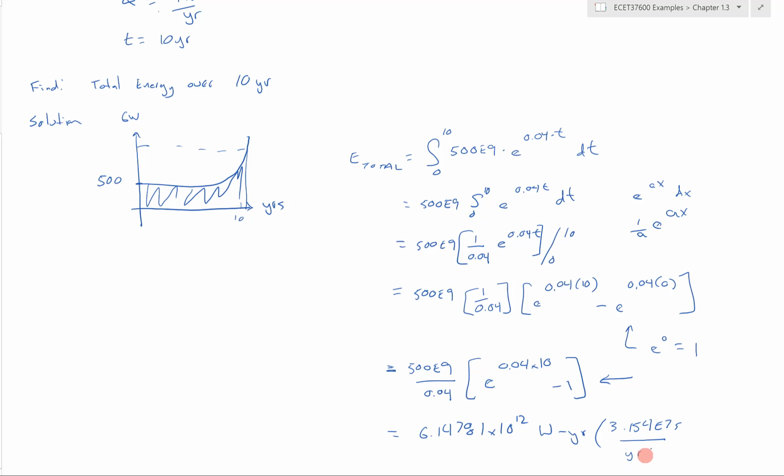Right, that's the number of seconds in a single year. Now this year is going to cancel out here, and you should notice by now that the seconds will cancel out in watts, right? The watt is a joule per second, as I said. And that only leaves joules. So that gives us the final answer of 1.939 e to the 20th joules. So over that 10-year period, that's how many joules of energy will be converted if the demand increases according to the model that we used.